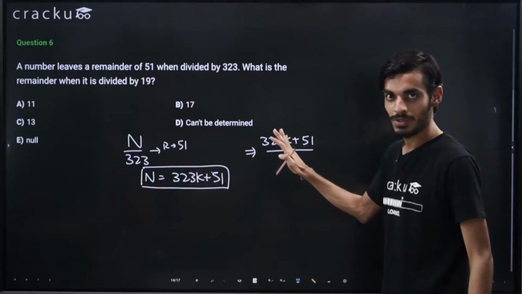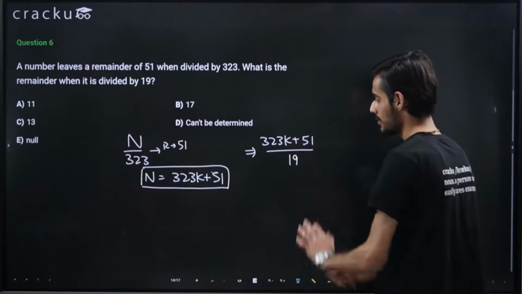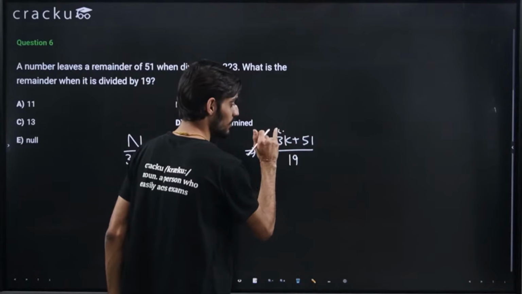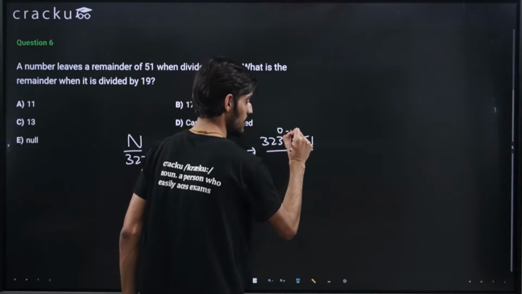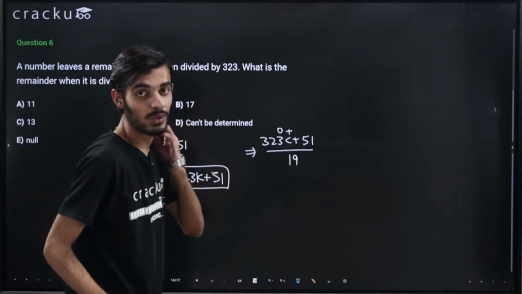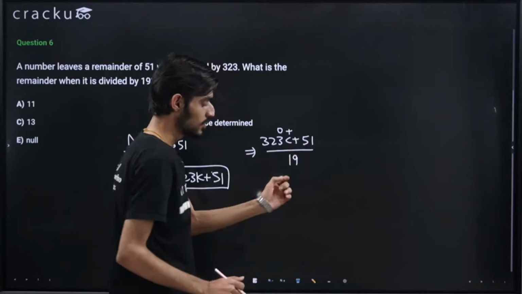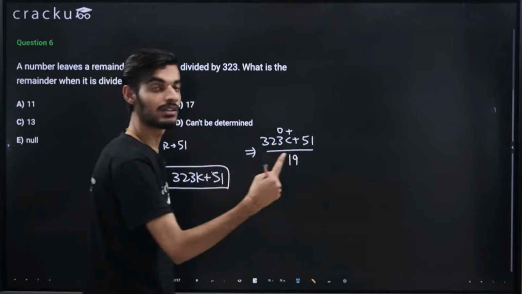Whatever value you put in the place of k, 323 is completely divisible by 19, so the remainder will be 0 from here. So we just need to calculate the remainder from 51. 51 divided by 19: 38 is completely divisible, 19 into 2. So 51 minus 38 will be 13.